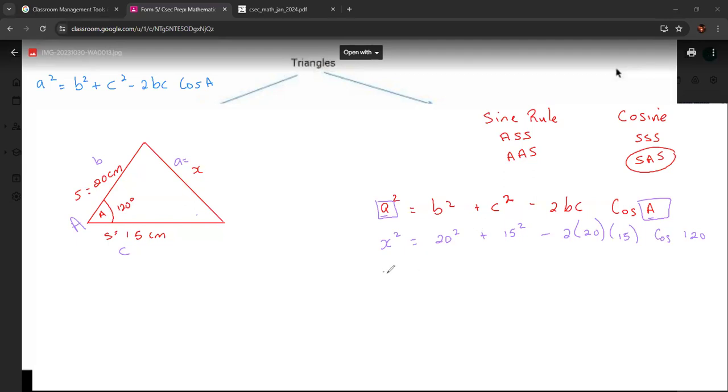So now we're going to use our calculator, remembering BODMAS, and we're going to solve.